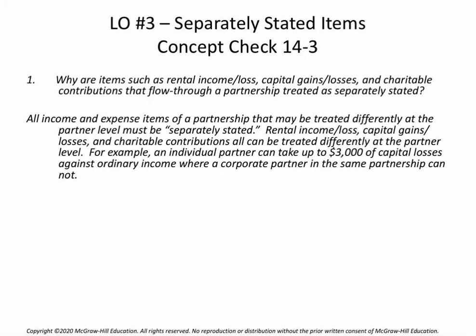We talked about the examples from the previous slide, talking about different rates that might apply, for example, to the capital gains or to the dividend income that is received. But we may also have, for example, a capital loss that we're going to want to count against ordinary income. And that's something that individual partners may be able to do, and their situation may permit them to do that.